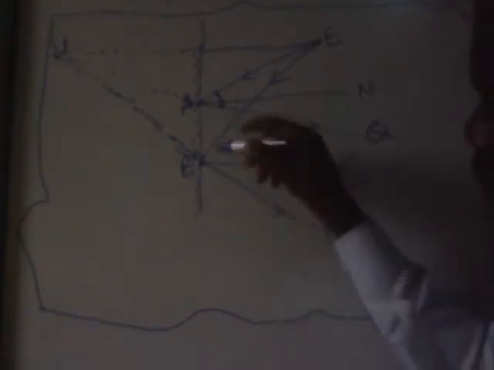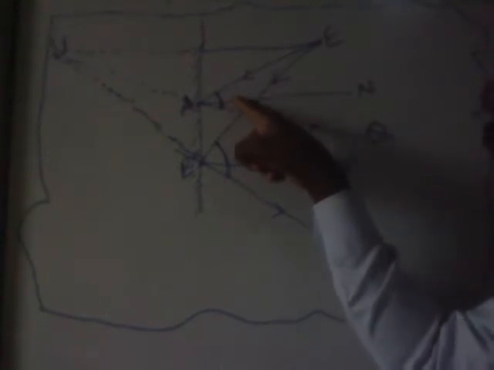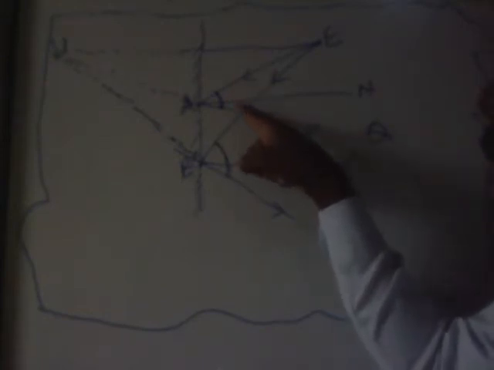That means the whole of this angle. Are they the same? No, they cannot be the same, because the angle of incidence here can be 30 degrees. If the angle of incidence is 30 degrees, the angle of reflection here will also be 30 degrees.